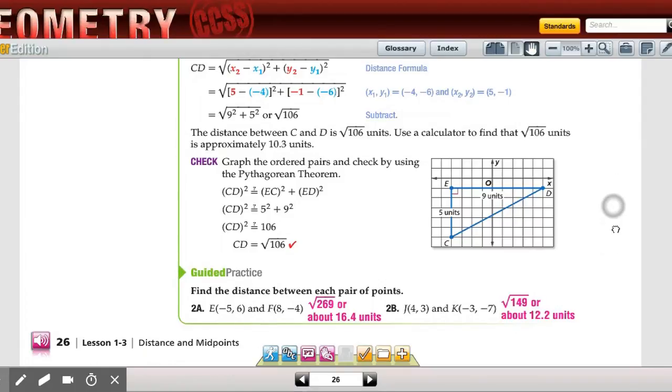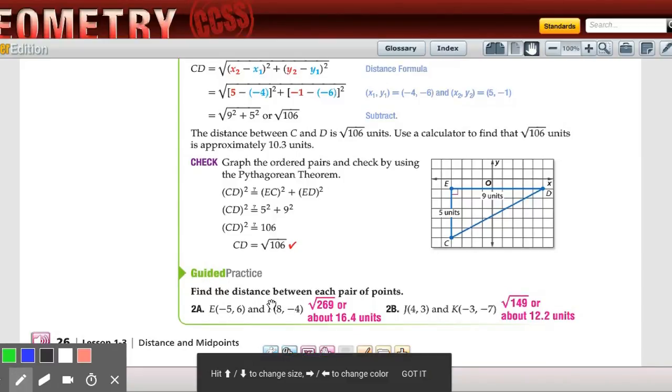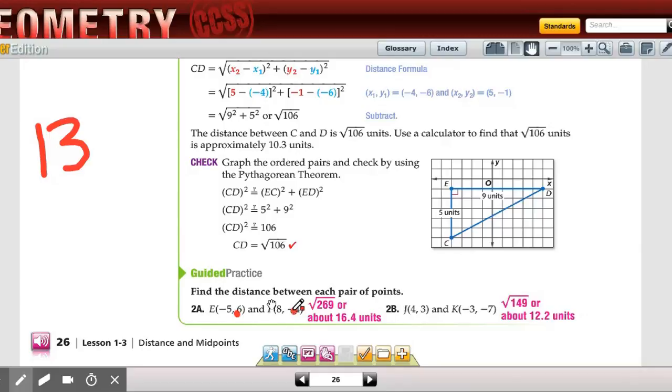They just show you how some work, and this is the typical thing here. You'll get a couple points and you just say, let's see, 8 and -5. I'm guessing those are 13 apart. And 6 and -4. I'm pretty sure that those are 10 apart.